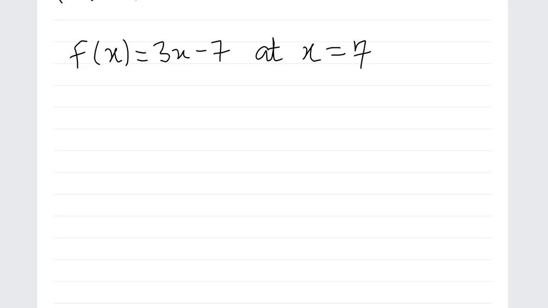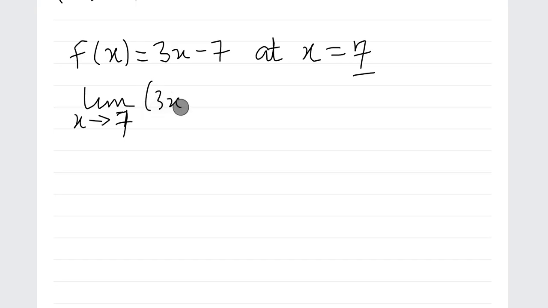How will you do that? This is actually very simple. The first thing you have to check is the limit. This is your a now. So as x is approaching a, instead of writing a, I will now say 7. So the limit as x approaches 7 of 3x minus 7.